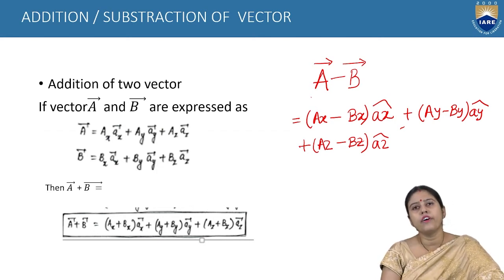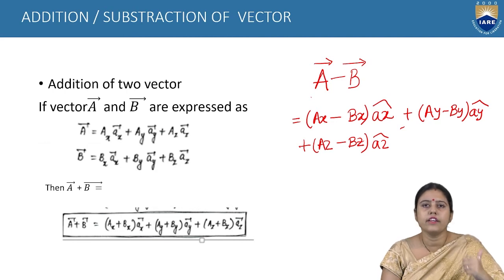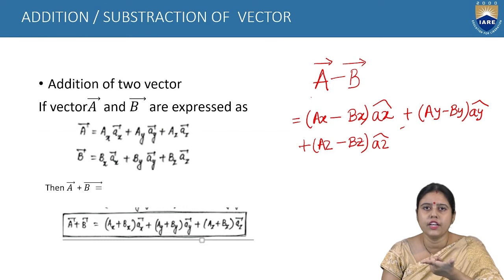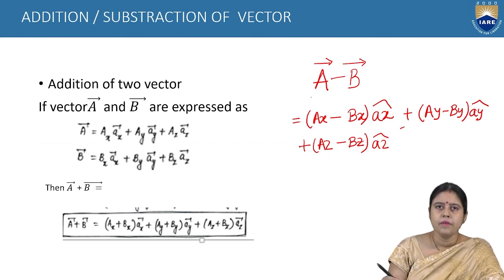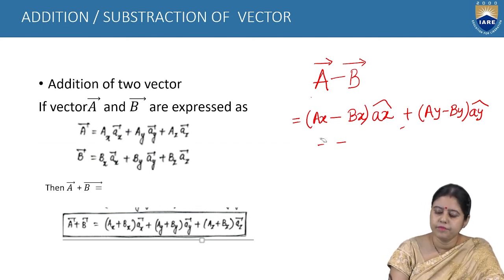Now we will go for the product. So already we have completed scaling. Scaling means multiplying a vector with any scalar quantity. Next we have done addition and subtraction. Now the third point we will do is vector multiplication.